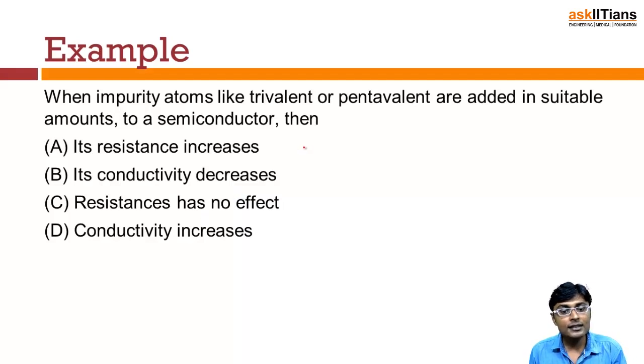Then its resistance increases, its conductivity decreases, resistance has no effect, or conductance increases. So these are the 4 options.